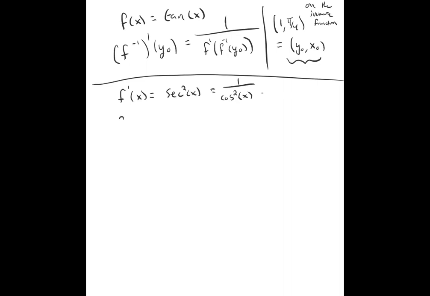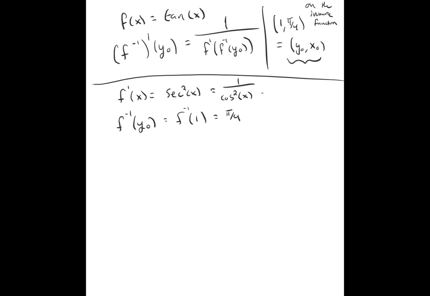Second thing we need is f inverse of y naught. This is f inverse of 1, and the way we construct this, we don't need to actually find the inverse function and evaluate it. This just ends up being pi over 4.